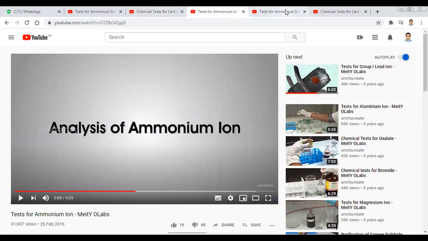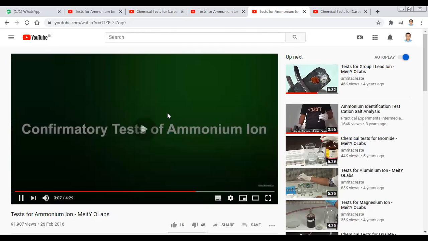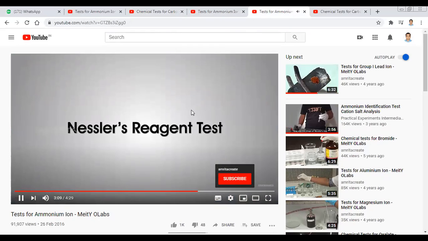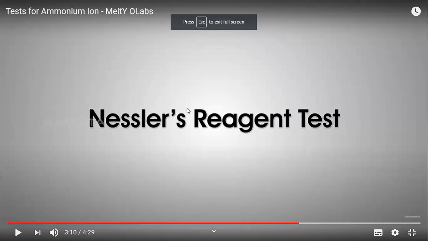So let us have a look at the confirmatory test of ammonium ion, my dear students. The important test that we are going to perform for the confirmation of NH4 plus ion is known as the Nessler's reagent test.